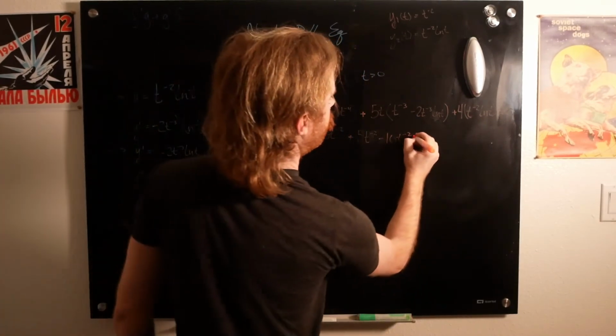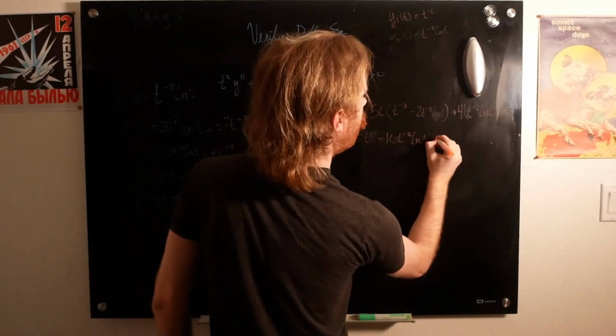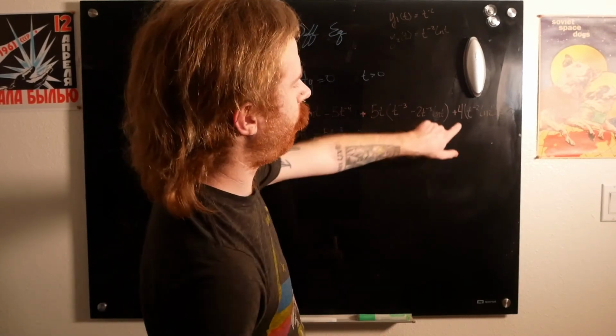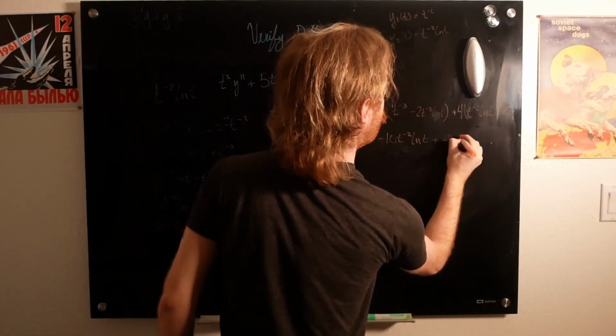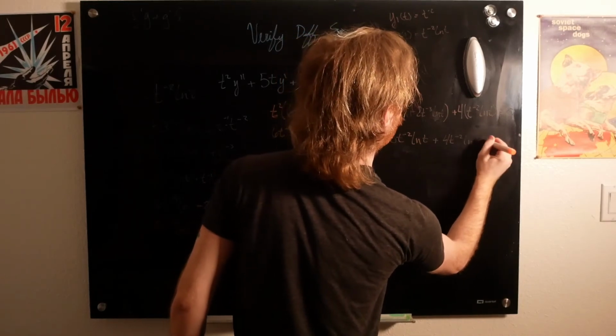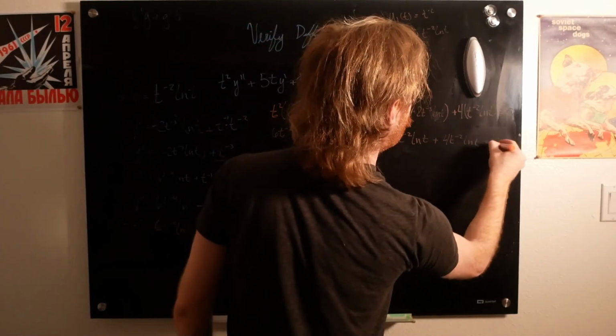And then multiplied by ln of t. And then plus 4t to the negative second power ln of t. And we're trying to see if that equals 0.